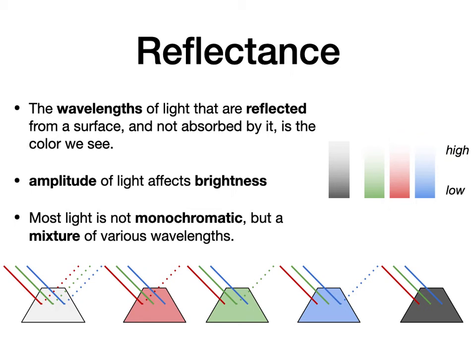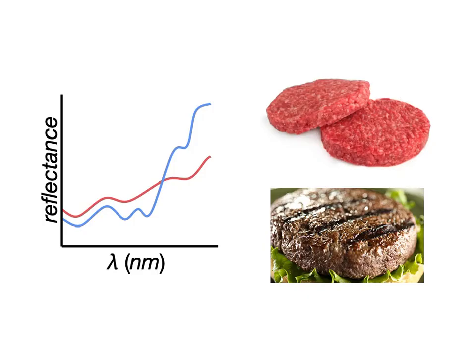So, for example, ground beef has a certain pattern of reflectance, right? So it's going to reflect light of all kinds of different wavelengths across the spectrum. A little bit more of the longer wavelengths, so a little bit more red, right? Whereas there's a little bit less of the other ones.